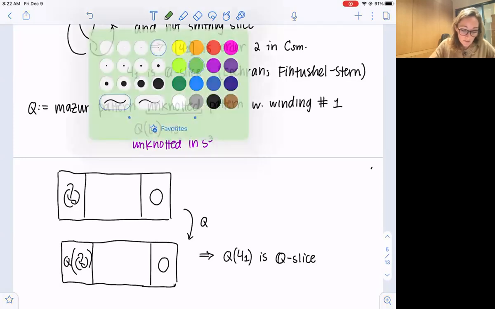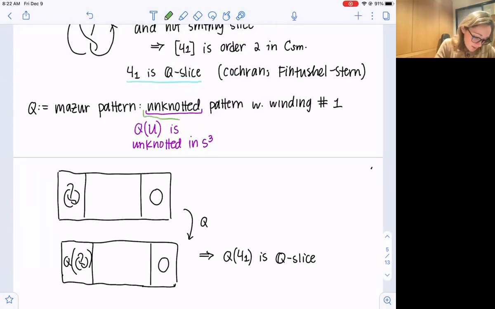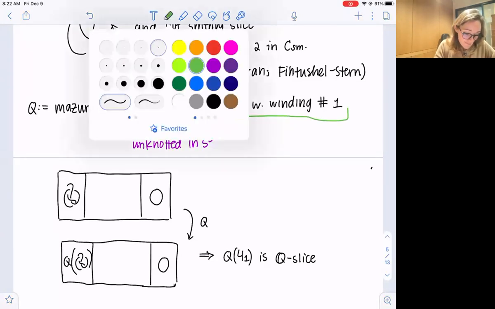And then the reason that we care about this larger classification of this pattern, that it's unknotted with winding number 1, is the following.